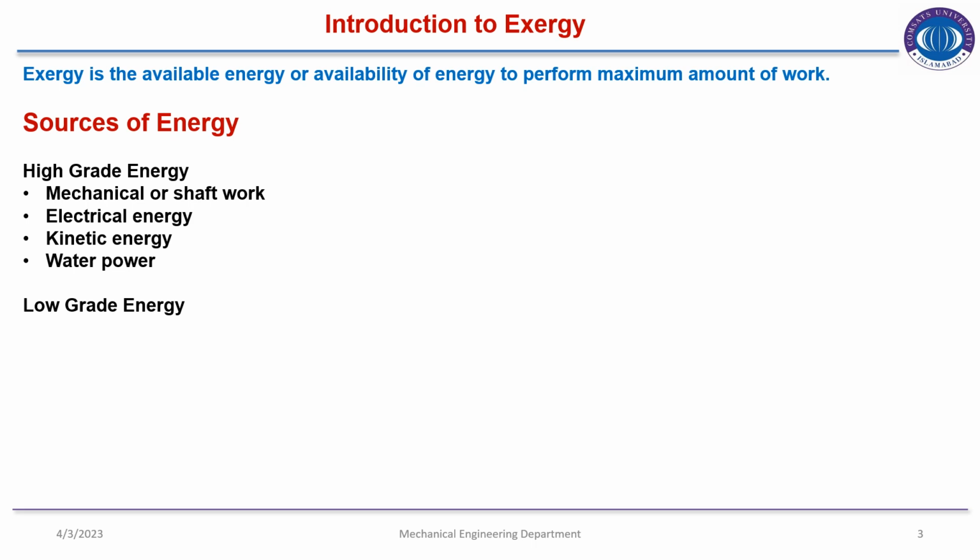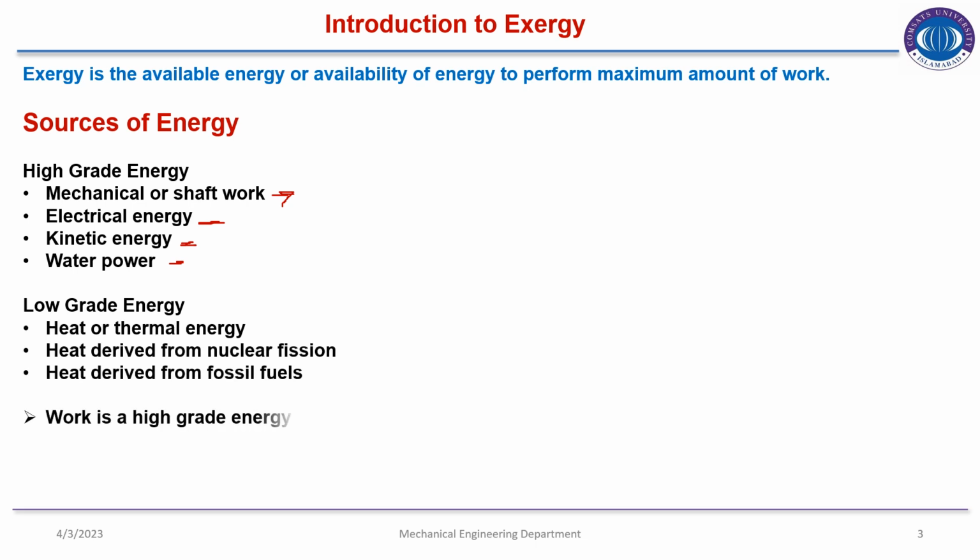Mechanical or shaft work we have in a turbine, etc. Electrical energy is the motion of electrons. Usually in our homes the appliances are provided energy in the form of electrical energy, kinetic energy due to motion, and hydropower or water power energy. All these relate to the high grade form of energy.